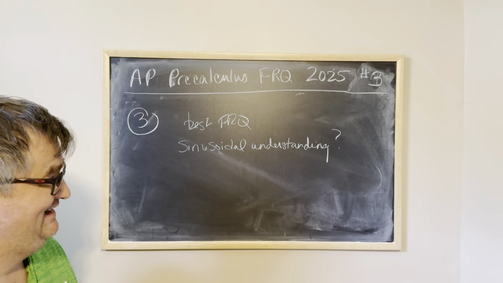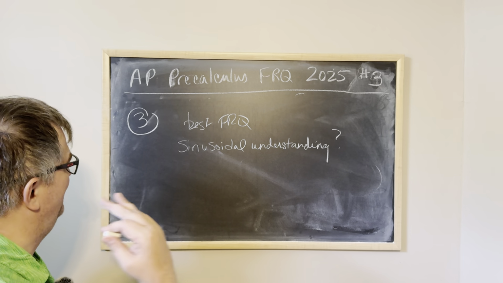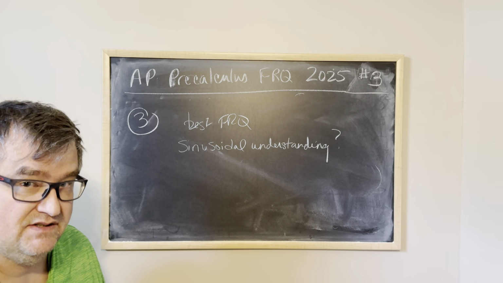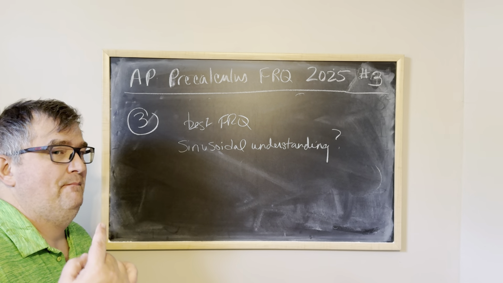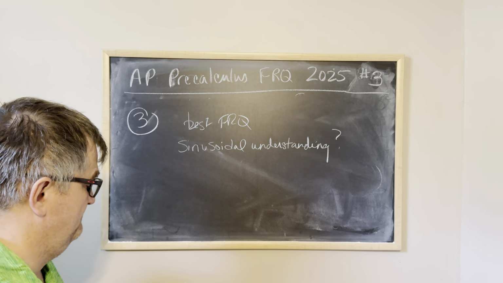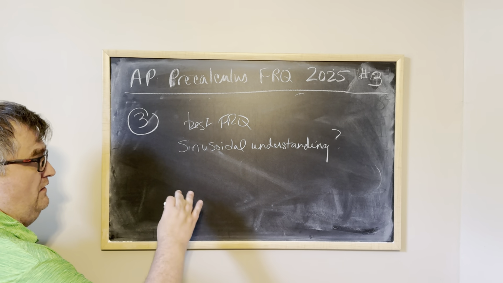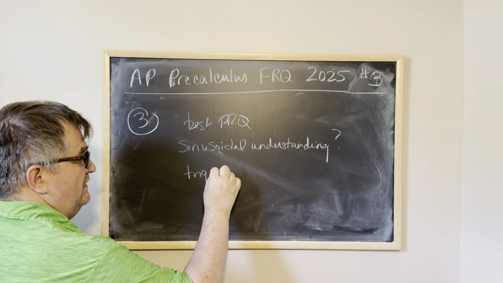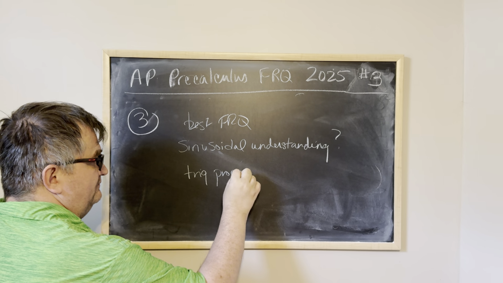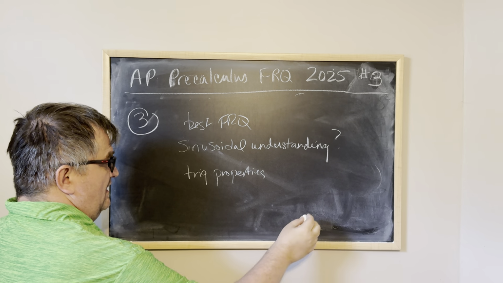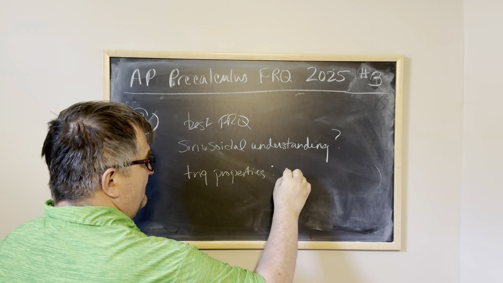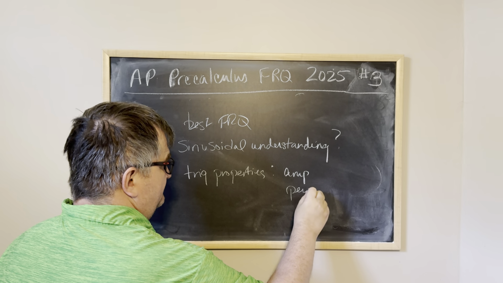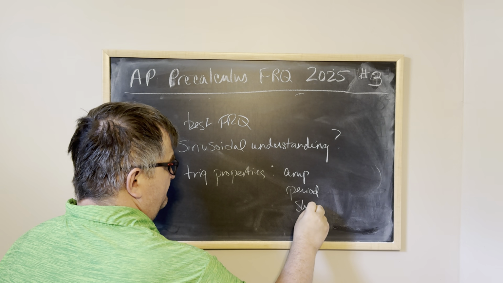The other thing I like about it is in this example, and it's the only one of pertinence, the fact that it talks about rate of change and concavity actually makes sense. It actually makes sense. You had to know your trig properties when it came to amplitude, period, and shifts.